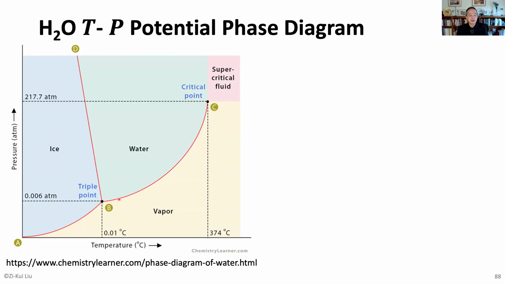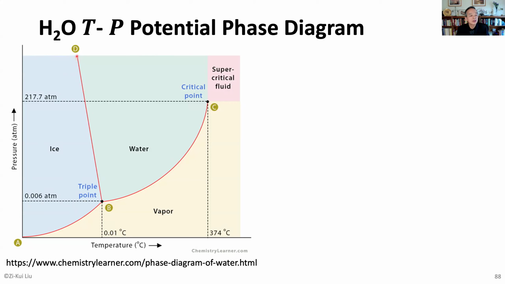Then you have water and vapor, and ice and water. There are two very important features. First, these two lines, two phase regions, all have positive slope. That means the high temperature phase has larger volume: vapor has larger volume than ice and water.